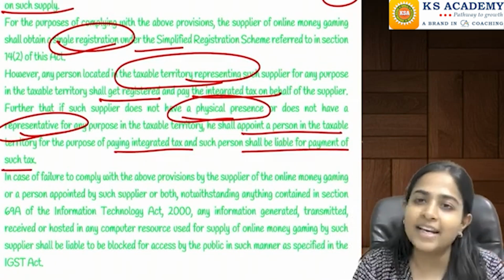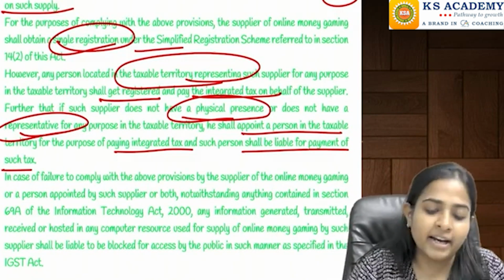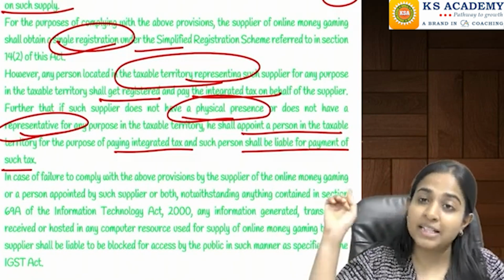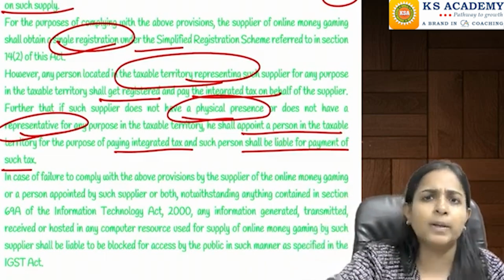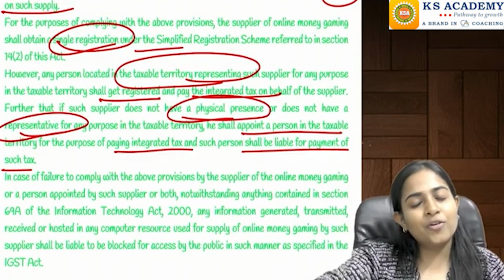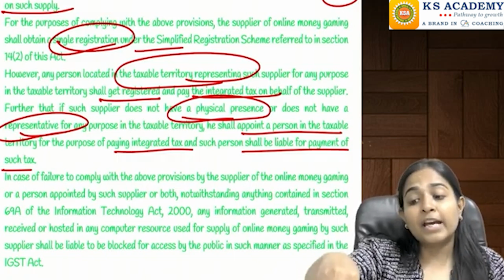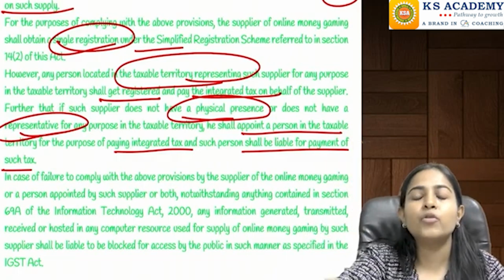This is just like your ECO. If your e-commerce operator is not located here in India, then a representative was supposed to be appointed. So same way here also, if that supplier of online gaming does not have any physical presence here in India, no problem, appoint a representative who will be liable to get registered and who will be paying the taxes here in India. If a representative is also not there, then appoint a person who will be liable to pay the taxes here in India.